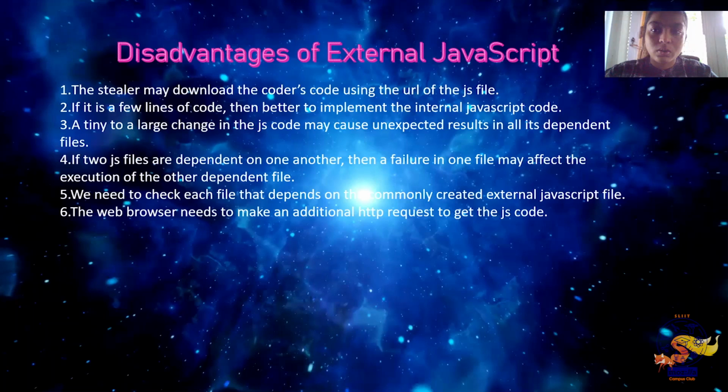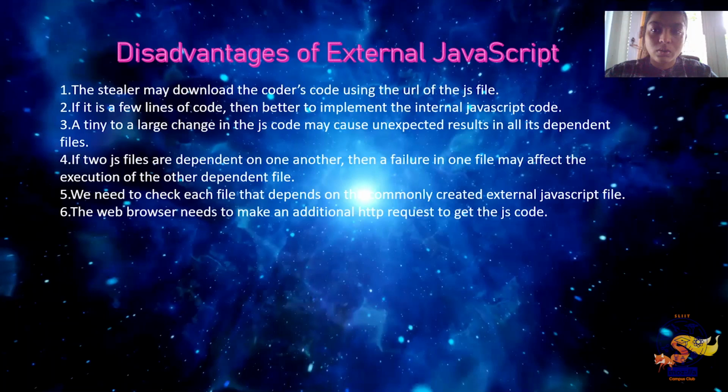Let's move to this example. Here you can see that the index.html file is in a separate location, while the external JavaScript file is in another location. In index.html, the static content is created.